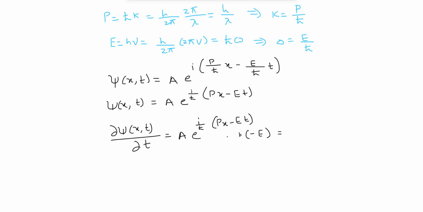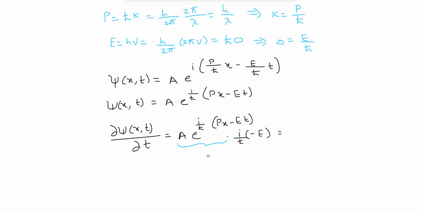So take care of that, that also will come in this. Now from above we know that A e to the power i by h cross (px minus Et) is nothing but the wave function psi itself.